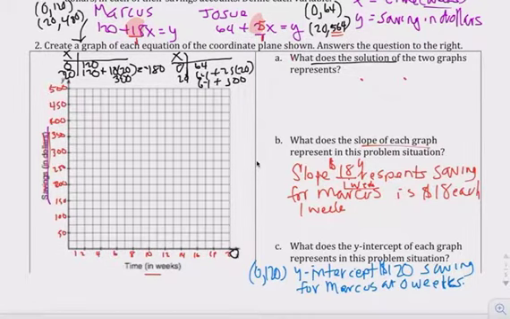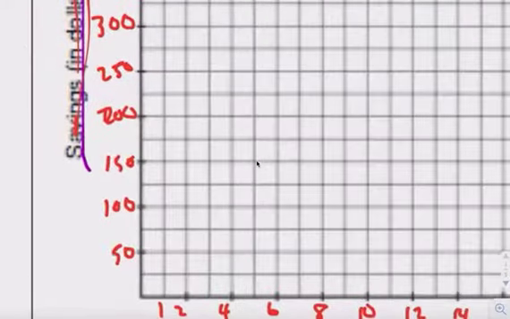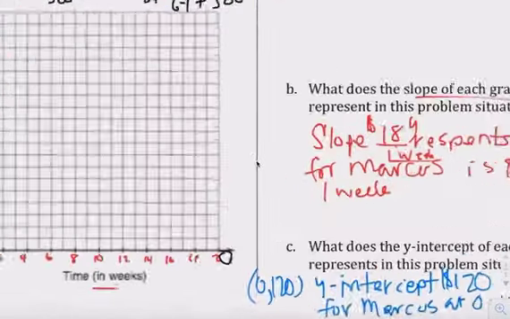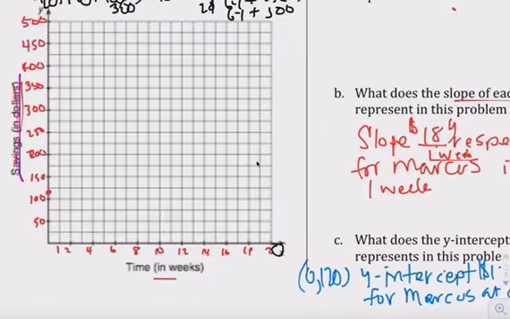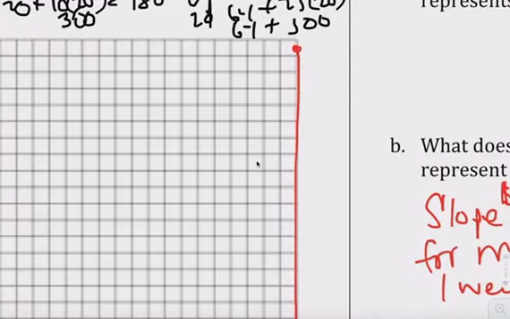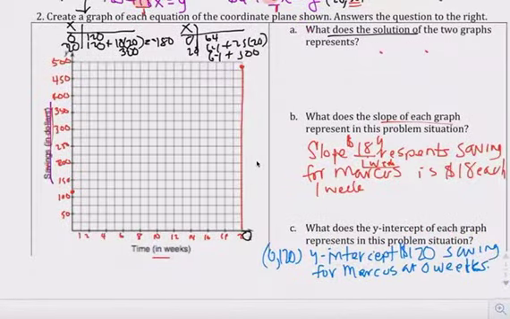So we use these two ordered pairs to graph. 0, 120 is probably here. And then 20, 480. 20 all the way up to 480, close to 475. 480 is somewhere there. That's our two dots.